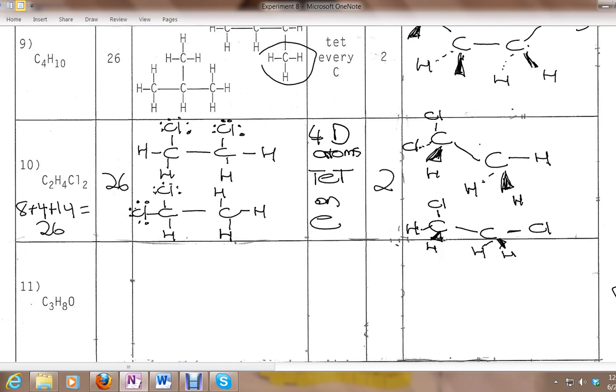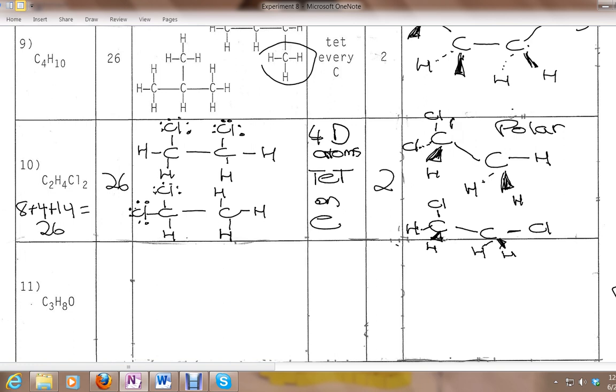Polar? Yes, it is polar. Why? Because you have different domains on each one. Remember, carbon and hydrogen are counted the same, as the polarities are almost identical. So the chlorine would be a different domain. So yes, it is polar. Where is the polarity going?